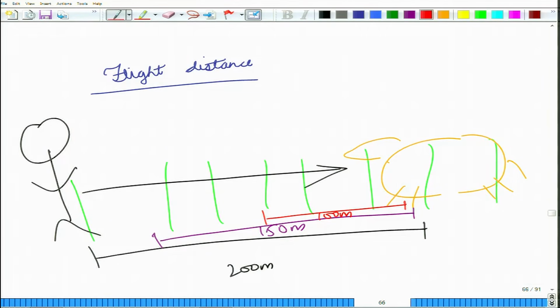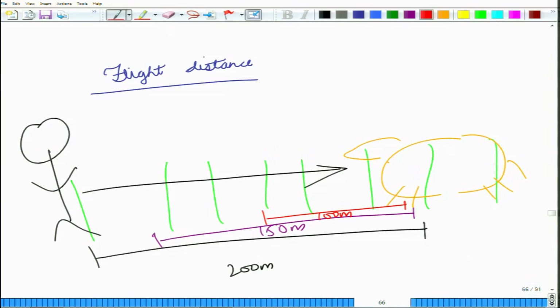So, it always has to make this decision whether I should run away or whether I should continue to eat these grasses, because this cheetal is here in the grasses because it is eating the grass, it is getting food from the grasses. Now, if it runs away, it will not be able to get this food. So, it has to make this decision whether it should run or whether it should continue feeding.